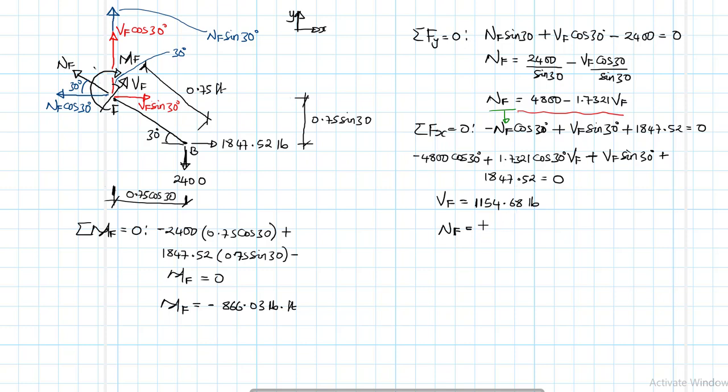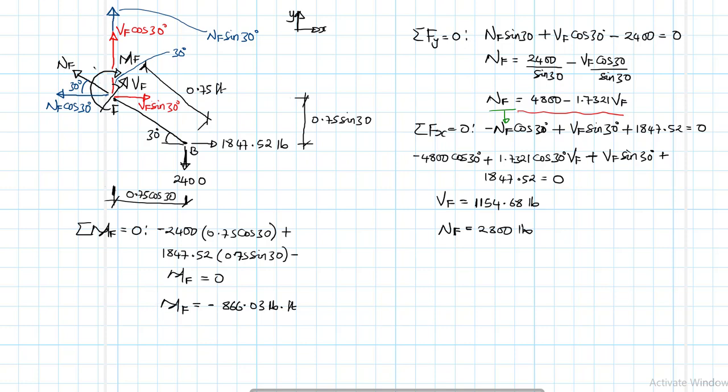Alright, so this one becomes 2,800 pounds. So we found NF, we found MF.